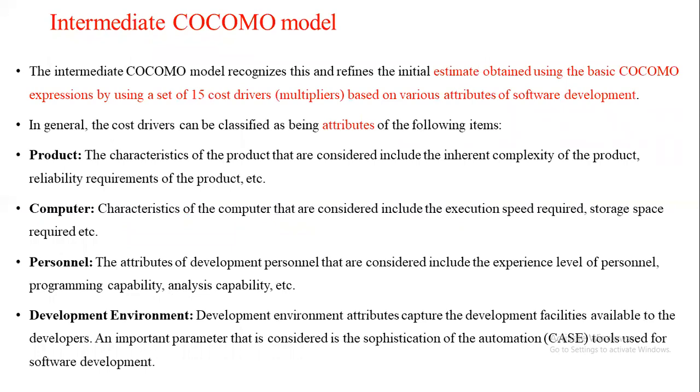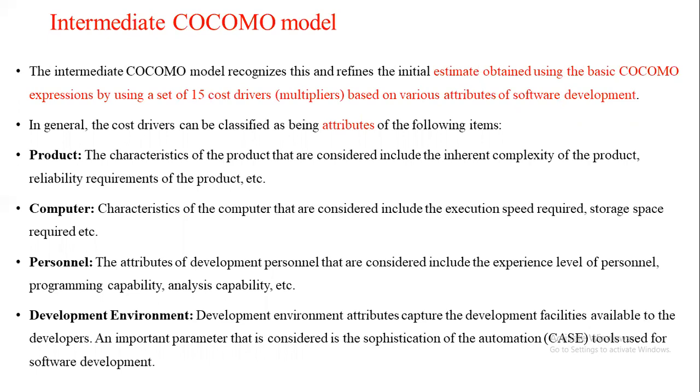In the basic model, using only the formula and the kilo lines of code, we calculated the effort and the development time. But in some cases, the estimation or assumptions you have made based on the lines of code may vary because, for example, a team member can be well experienced.